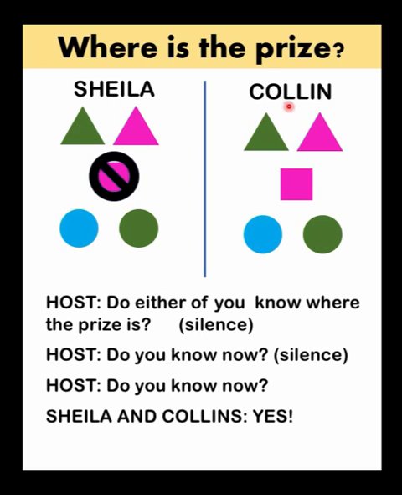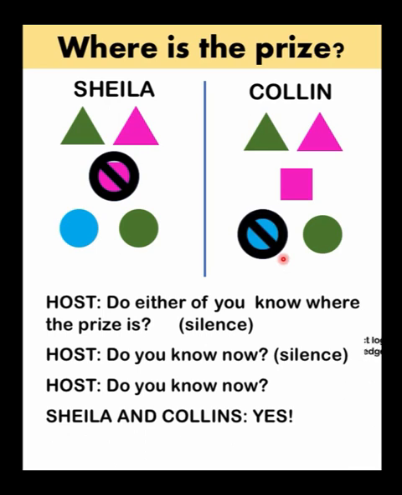Now for Colin, who knows the right color, and there are only 3 colors here. We have green, we have pink, and we have this blue. If the correct color is blue, then Colin would have known already the correct answer. He could have chosen this blue circle, but he did not. So that means this blue circle is not the correct answer.